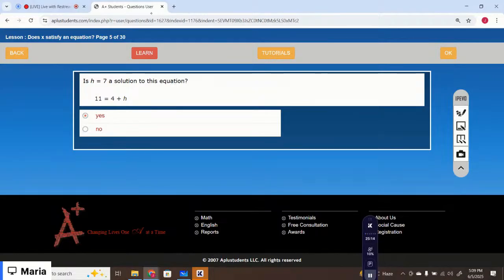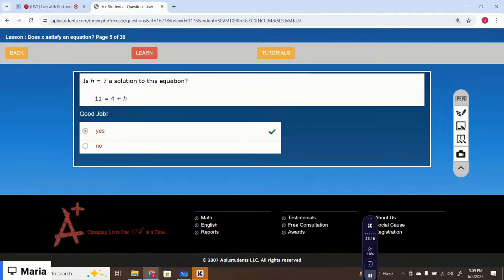The correct option is yes, h equals 7 is the solution of the equation.